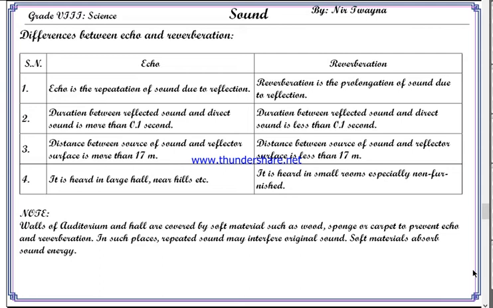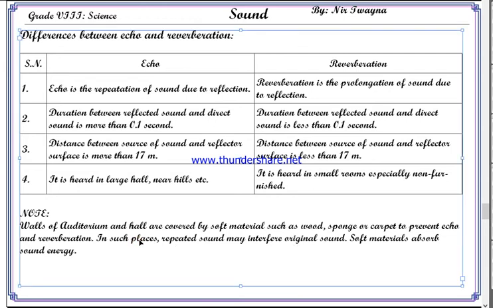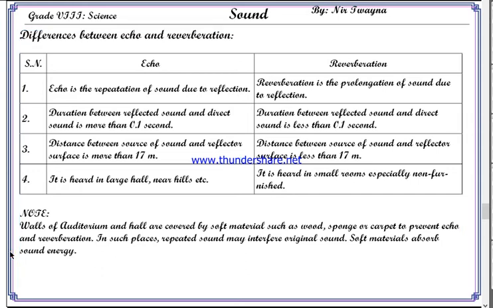You have already heard the dialogue, but the same dialogue is repeated 2 seconds after, which obviously would disturb the present dialogue, isn't it? That is why echo and reverberation are not desirable in such places. Repeated sound may interfere with original sound. That is why soft materials are used to cover the walls of halls and auditoriums, which absorb sound energy. Understood? Any confusion?